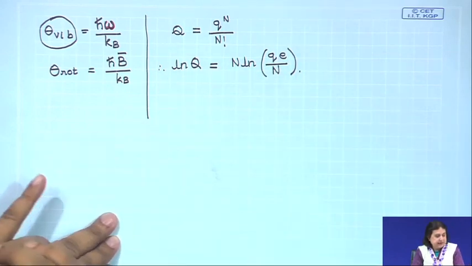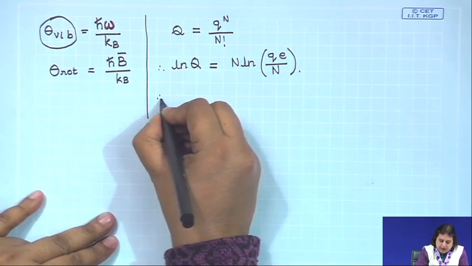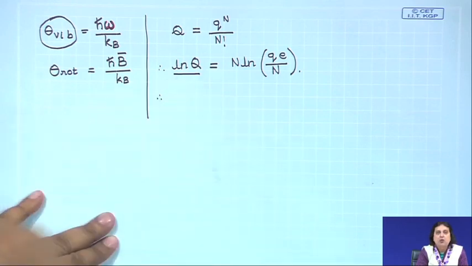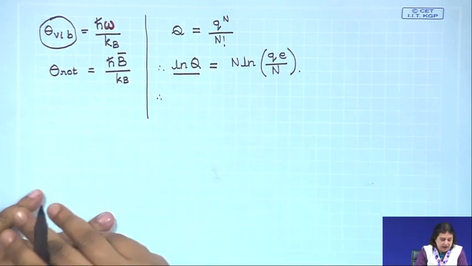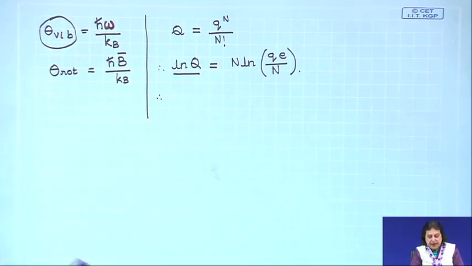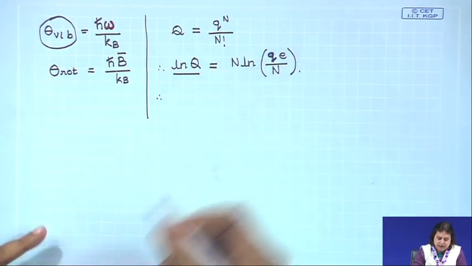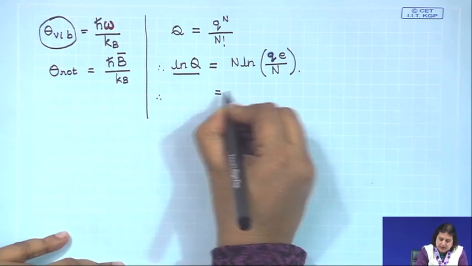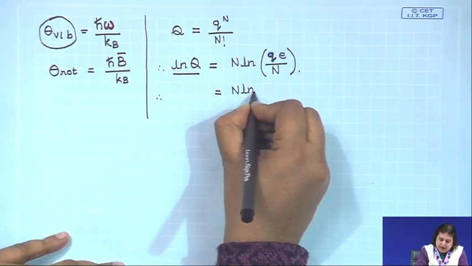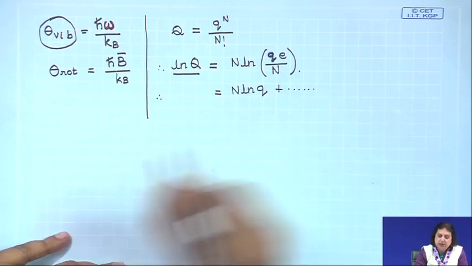If I want to find the derivative of this quantity with respect to volume, I have to look at the right hand side and understand where the volume appears. As you see, the only term where the volume would appear is small q. So, I would say that ln Q is something like N ln small q plus other terms which are independent of volume.